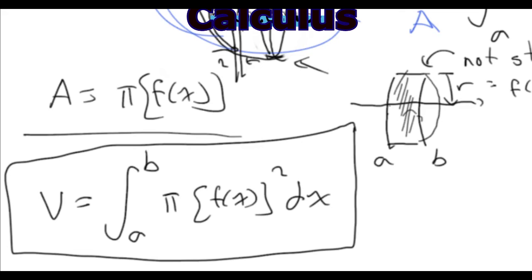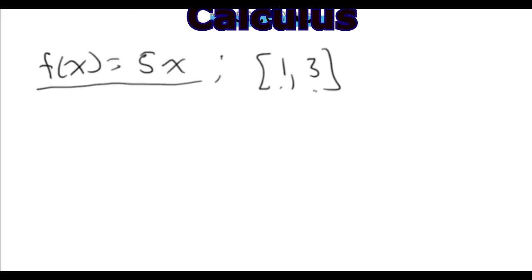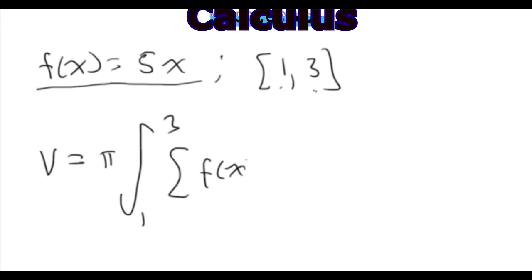Okay, say we are going to find the volume under this curve here, and right here is our radius, from point 1 to point 3. In this case, the equation is volume equals pi times the integral from 1 to 3 of f of x squared dx.